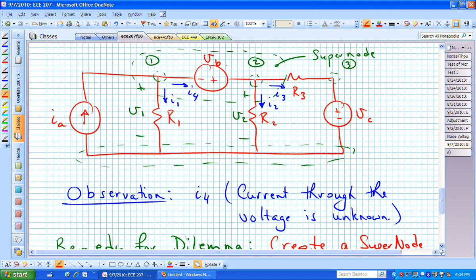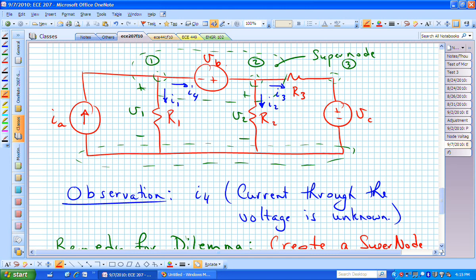If I look at that circuit, yes, I can actually relate V sub B to my node voltages. If I study my middle mesh, if I walk around and do a KVL in that middle sub-circuit, I can actually find an equation that involves V1, V2, and V sub B. And that's just writing a KVL equation.